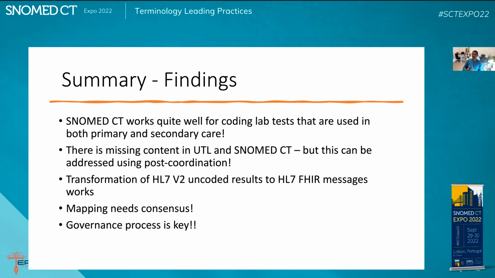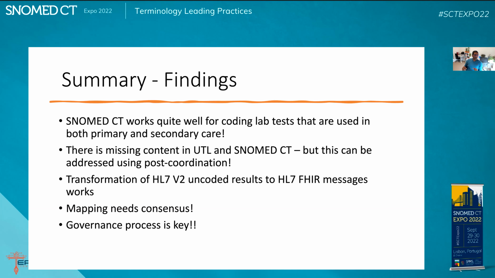So here's a summary of the findings. We tried to do this for their pilot and for the scope that we had, and we found that SNOMED CT works pretty well for lab tests that cover both primary and secondary care. We did find some content that was missing in UTL/SNOMED CT. If I refer to UTL, I am also in effect referring to SNOMED CT.